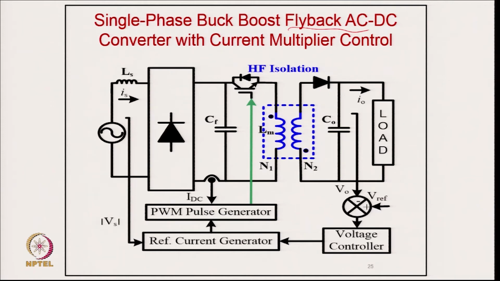If you are operating with the current multiplier approach and designing the magnetizing inductance of this transformer in continuous conduction mode, you have a reference voltage, feedback voltage, and voltage controller that becomes the amplitude of the inductor current, and you have a phase from here. You multiply it to get the reference current, and you sense the inductor current here, and that gives you the gating signal for the devices. This is what we call continuous conduction mode of operation of this flyback buck boost converter.